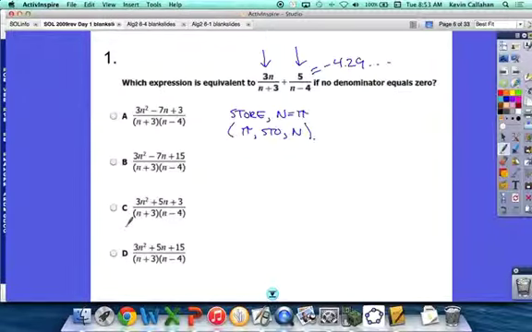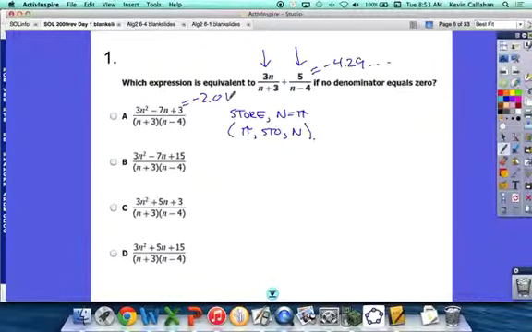Anybody get an answer? Was it A? What was the value of A? Say again. What did you get when you did this one? Negative 2.01. So that's not it.